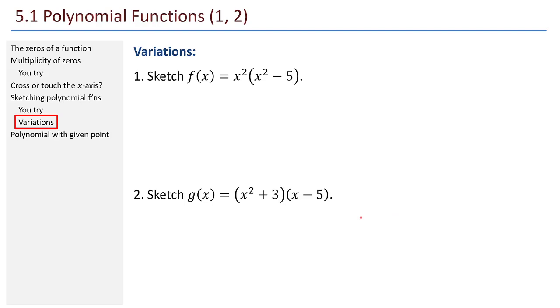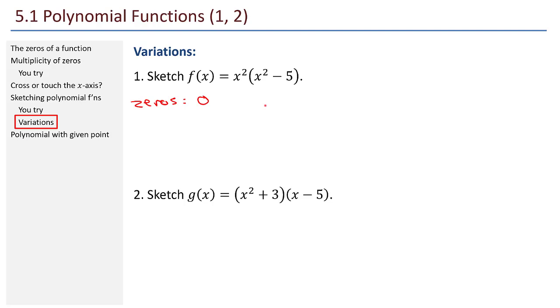Now here are some variations. We continue the idea of sketching, but sometimes these little quirks come up. Let's take a look at number 1. Let's sketch this thing out. So I start off as before. I make my zeros, and I see that there's just a 0 is one of those, so 0 there. What do I do with x squared minus 5?